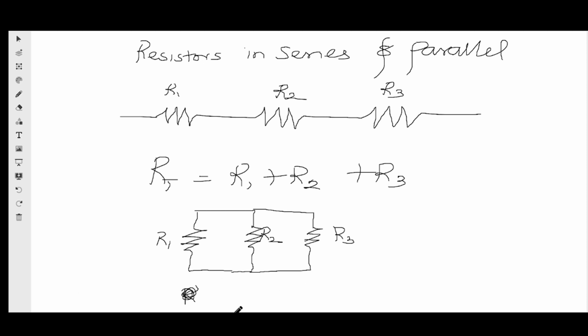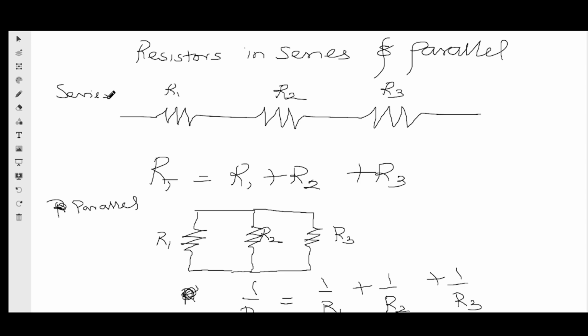So when we have resistors in parallel, we get the total R by using the sum of the reciprocal of each of the resistances: 1 over R1 plus 1 over R2 plus 1 over R3. And that's it. So this is parallel, and this is when resistors are connected in series. So this is straightforward, and let us see an example in an electrical circuit.